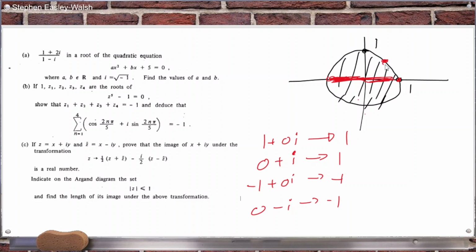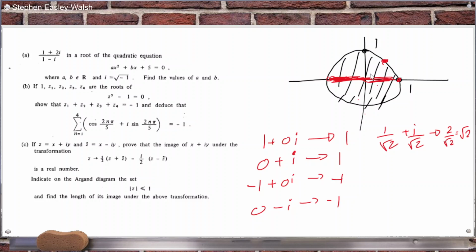Like this point here, for example, is 1 over root 2 plus 1 over root 2 i. That's going to go to 2 over root 2, which is root 2. Oh, that does get pushed outside, doesn't it?